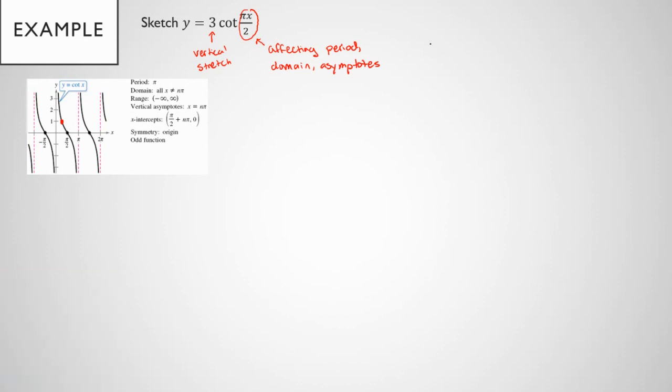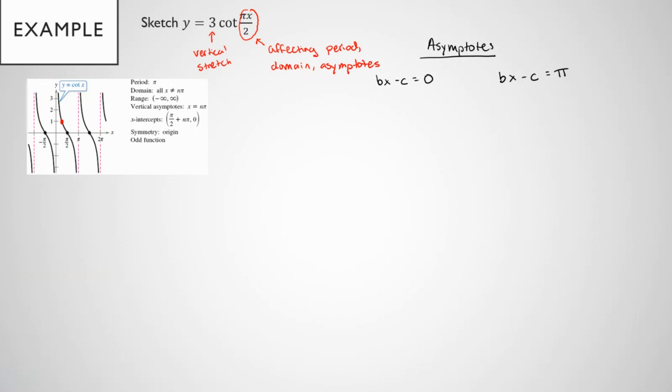So I always start with the asymptotes. And for cotangent, you have bx minus c equals 0 and bx minus c equals pi. You don't have to choose those two if you don't want to. If you wanted to pick two other asymptotes on the graph, like you can see there's an asymptote at 2 pi.